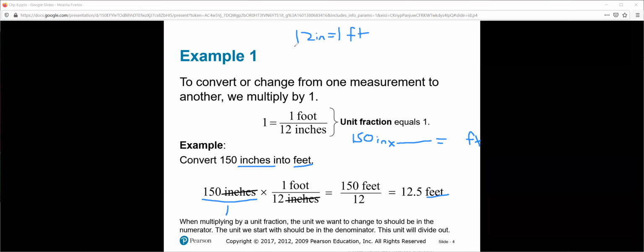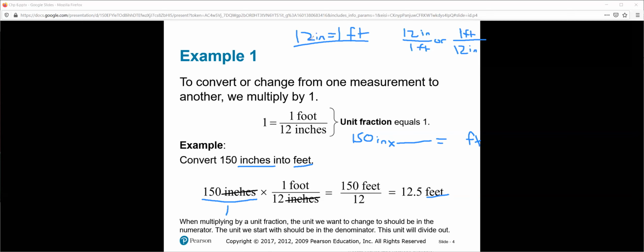So I have this basic equation set out. The 2 ways I can write that as a fraction are 12 inches over 1 foot, or 1 foot over 12 inches. Notice I wrote my units along with my numbers, and I kept the unit and the number combined.